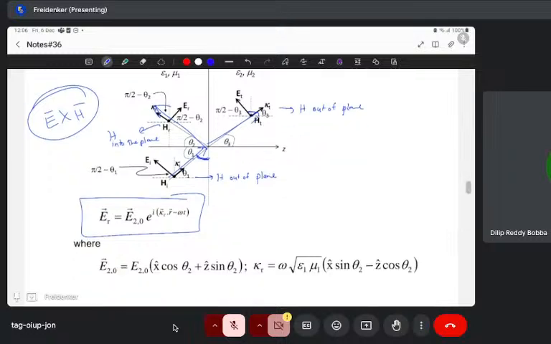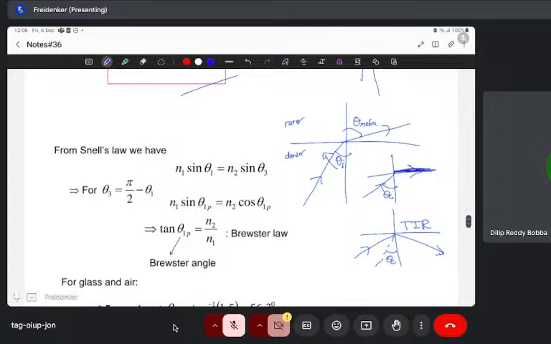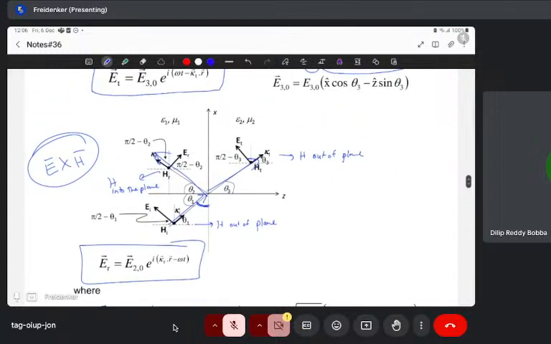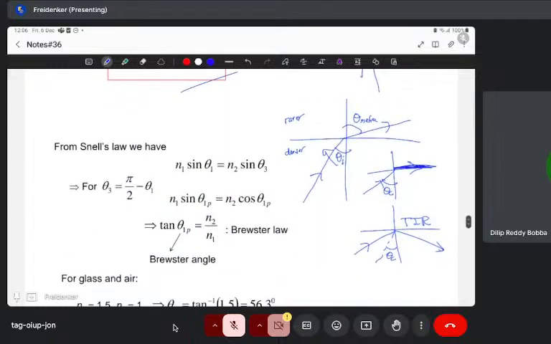Why should theta 3 be equal to pi by 2 minus theta 1? What does it mean? It doesn't mean anything, I think, right? We'll see.